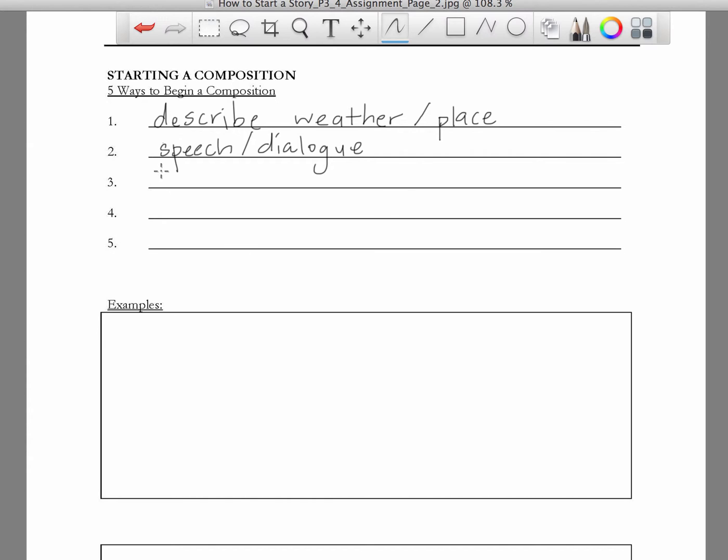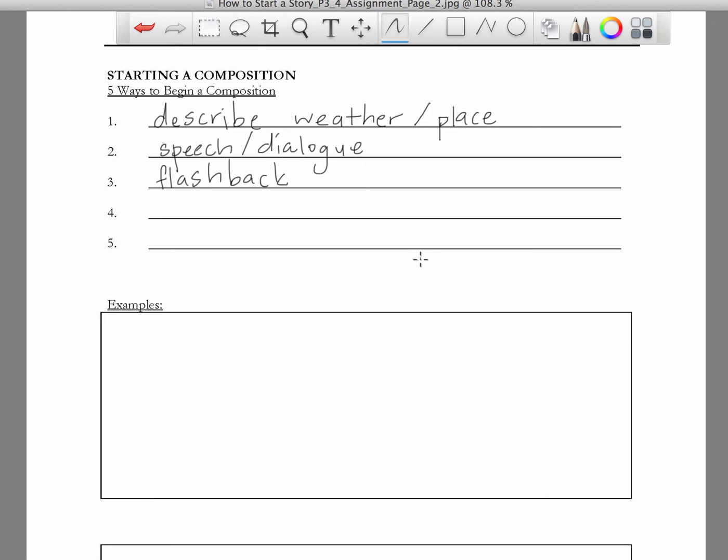Okay, a third way to start the story would be flashback. So maybe it has been years after the incident, and the narrator sees the scar on his finger, or someone mentioned the scar on his finger and asked him how he got it. Or perhaps when he was packing his room, he came across that card that he was making in the art and craft lesson, and it triggered the memories.